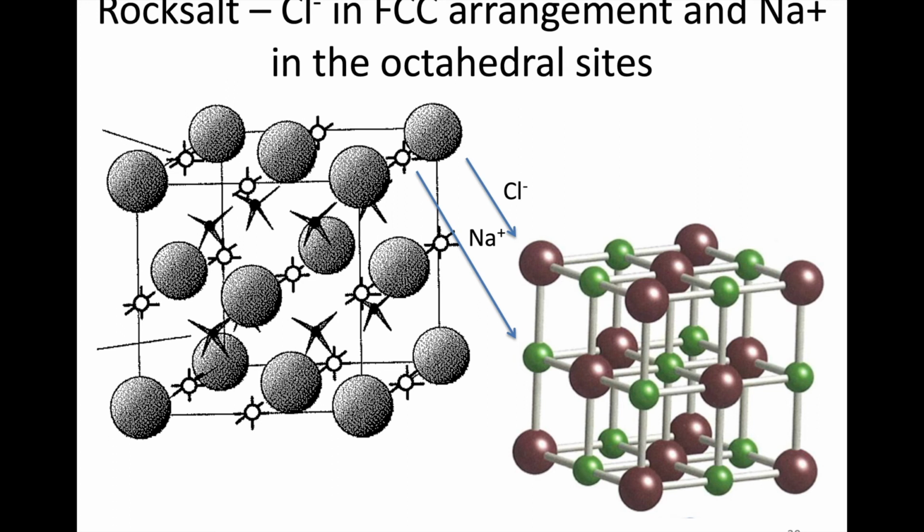We can also prove that to ourselves by looking at the coordination, right? The coordination of each of the anion or cation is 6 and not 12. So, again, even though we think of this schematic as a close packed arrangement of the anions, once we put in cations, it actually expands out the structure, and so it's no longer that close packed structure. It's more of just a way of thinking about how these structures are put together.